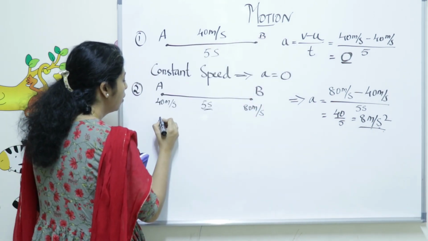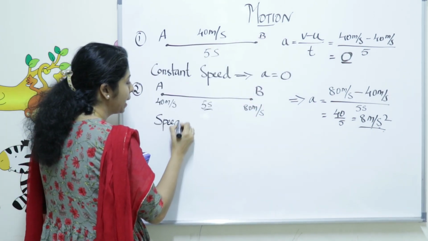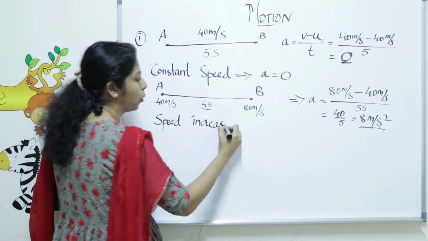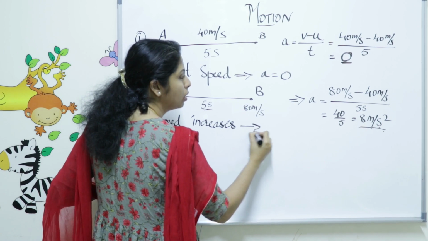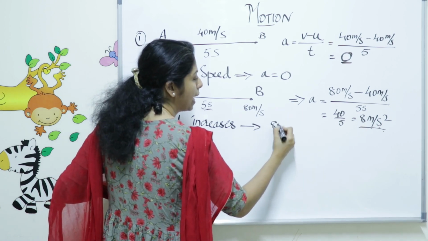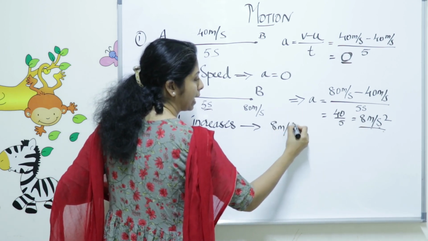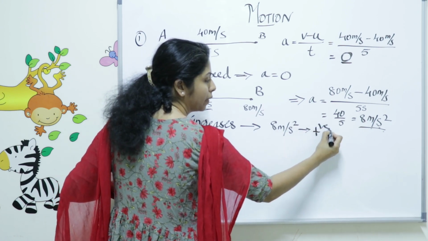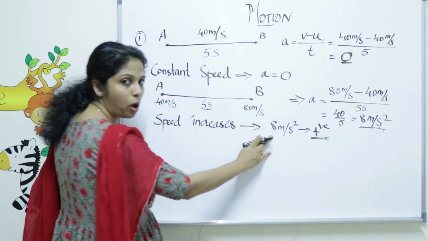What are we getting? When the speed increases from the initial point to the final point, we have got 8 meter per second square, which is a positive value.